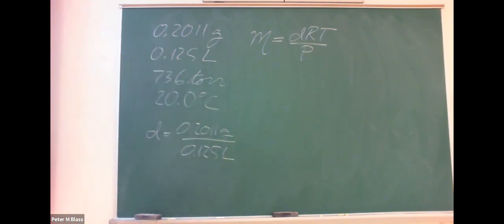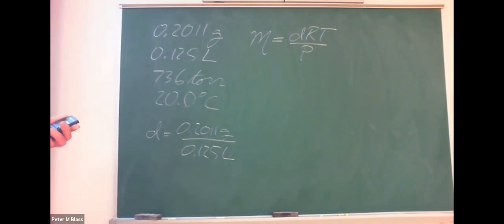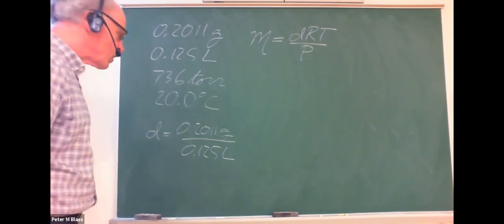It's an intermediate result, so I want to carry along an extra digit. 0.2011 divided by 0.125 is, I'll call it 1.609. It's actually 1.6088.